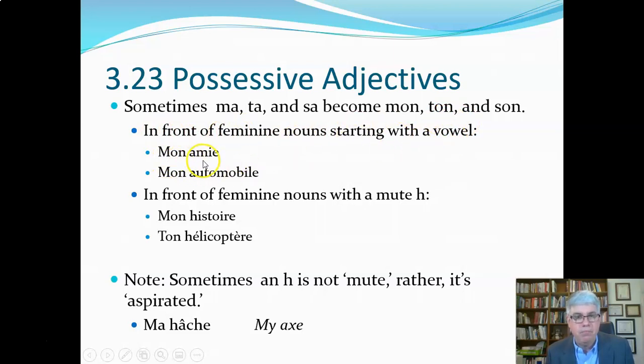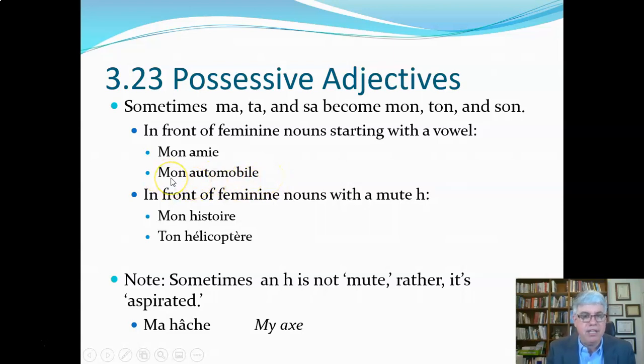So if we have mon amie, so that's amie with an E as a female friend, my girlfriend. It's not ma amie because that wouldn't sound good. We change it to mon amie. Or another word for car is automobile, and we would say mon automobile.